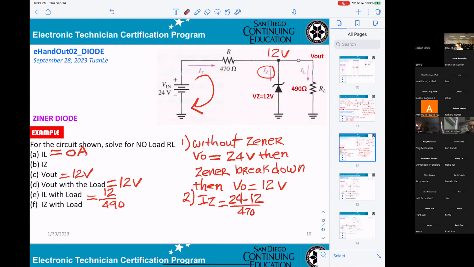So you can calculate the IR. It equals 24 minus 12, divided by 470.